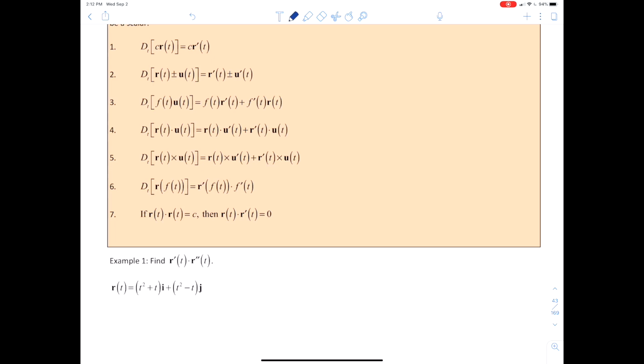Because remember, there's kind of three ways for us to look at products here, right? So you've got a function, a product. Property 3 is a function at t times a vector valued function at t, and so you use the product rule for that, using f at t as one, and then the vector r at t is the other.